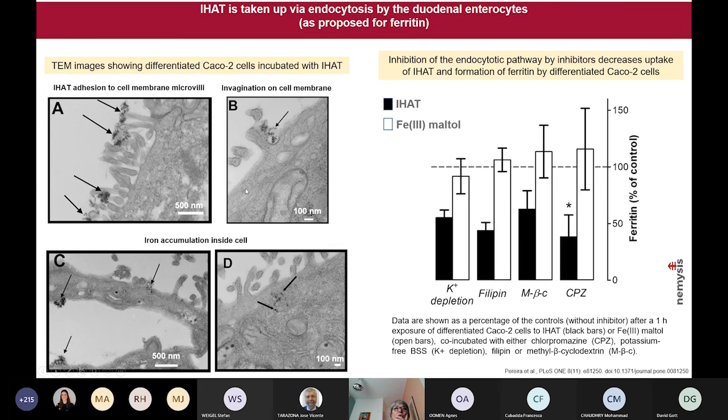The mechanism of enterocytic endocytotic intake was then pharmacologically demonstrated using proper inhibitors of endocytosis.